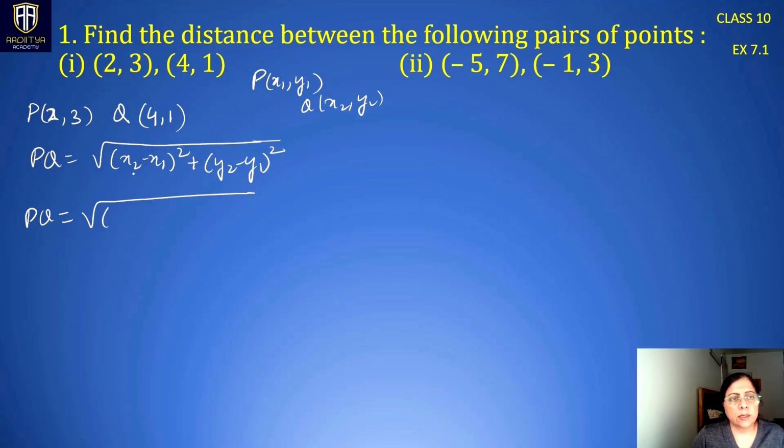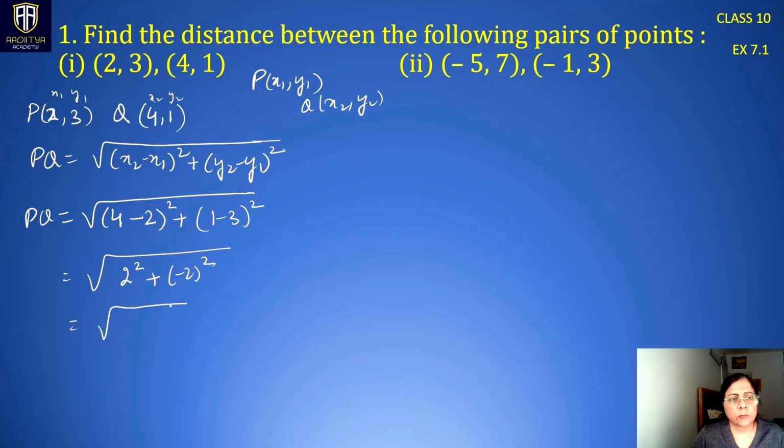This is x2, which is 4, minus x1, which is 2. y2 is 1 minus 3, so (1 minus 3) whole square. So we have 4 minus 2 is 2 square, and this is minus 2 square. 4 plus 4, that is root 8.